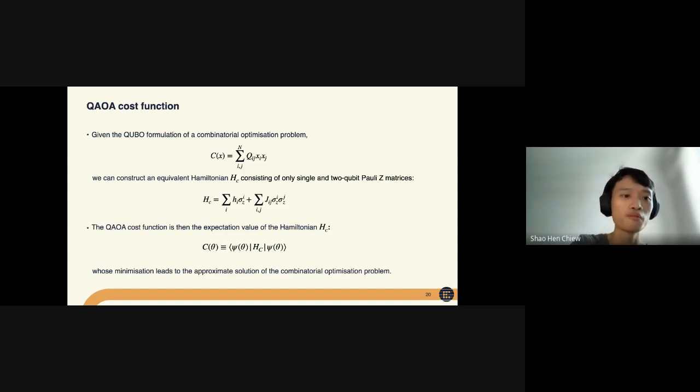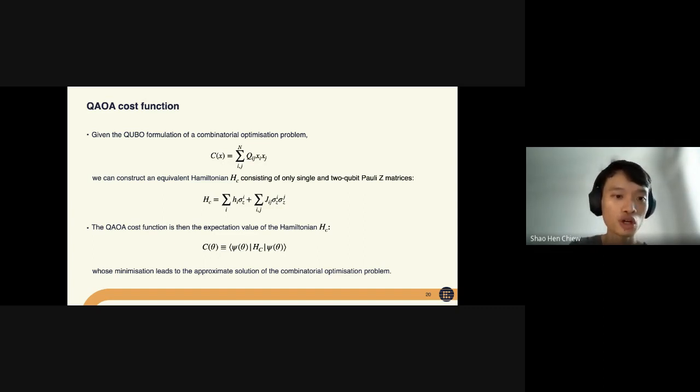So starting from the first equation, you can actually construct an HC that looks like this, such that the ground state of the Hamiltonian HC corresponds to the state that minimizes this cost function C(x), or in other words, the solution of the combinatorial optimization problem. I won't show how this construction can be done, but if you search around, you'll see that actually it's quite simple.